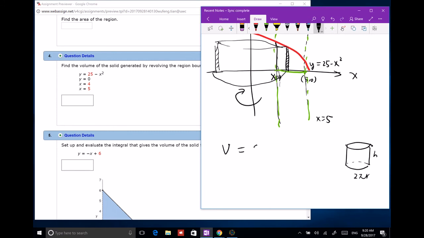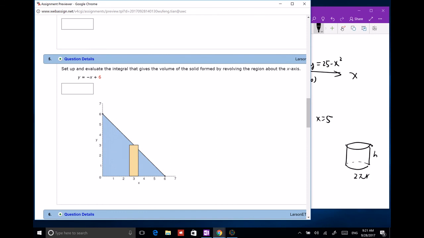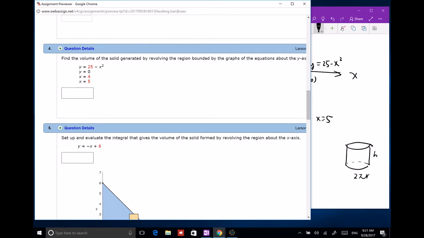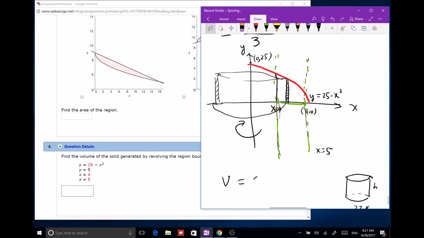You're looking for that area. Let me see, what is h, this is x.